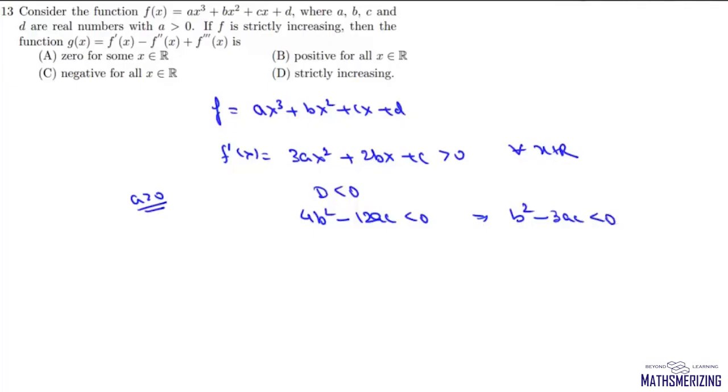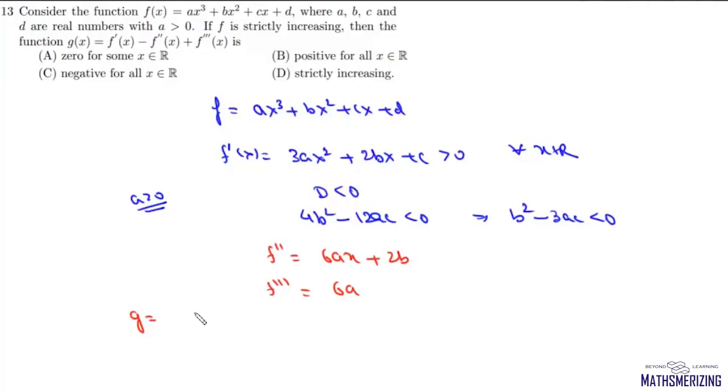Now we'll find f double dash x, which will be 6ax plus 2b, and then f triple dash x will be 6a. Now g x is f dash minus f double dash plus f triple dash.